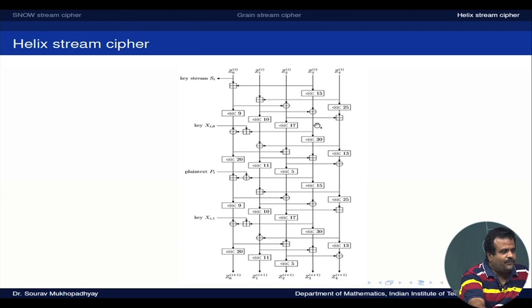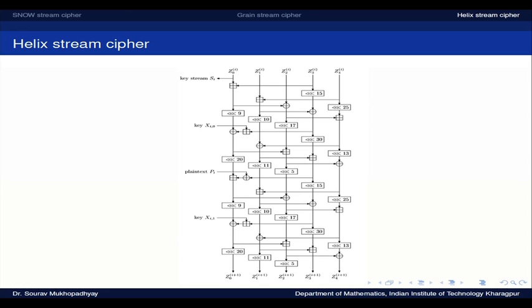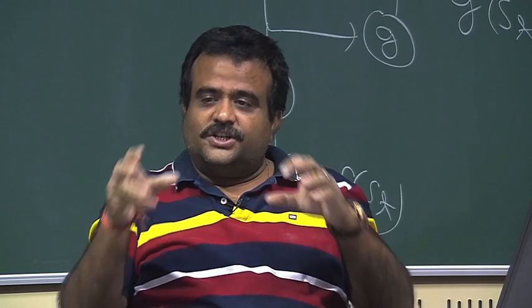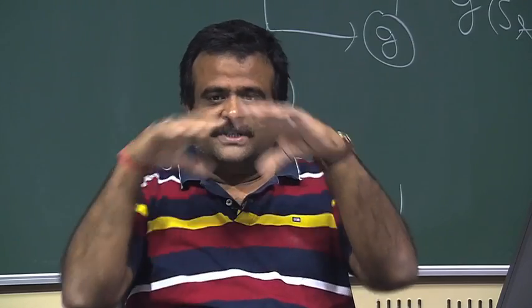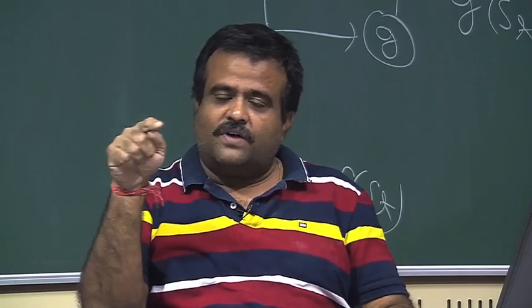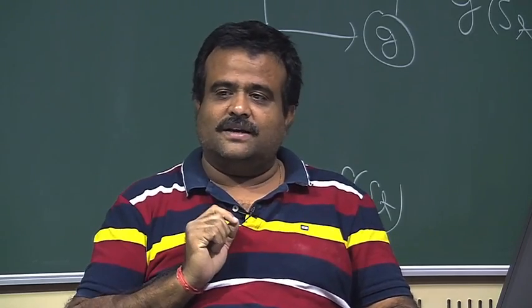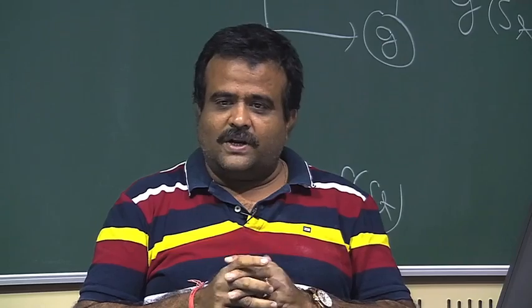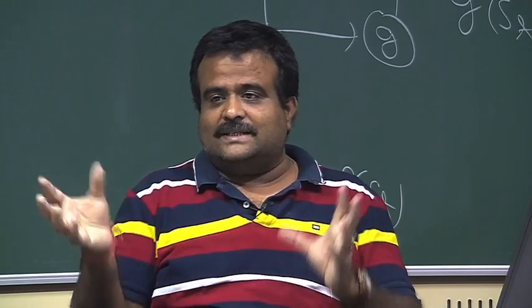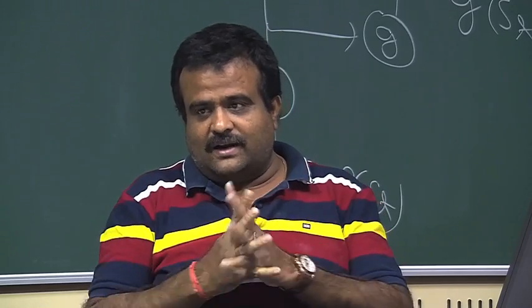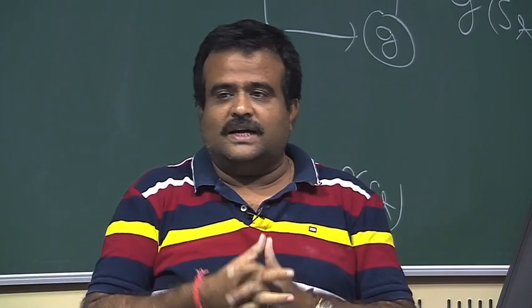Now we talk about a stream cipher which is an asynchronous stream cipher. We have seen the synchronous stream cipher, where the key stream is basically a function of the state, but the key stream is not a function of the plaintext or ciphertext. In modern stream ciphers, they make the key stream a function of feedback from the plaintext or ciphertext, to avoid algebraic attacks or other correlation attacks.